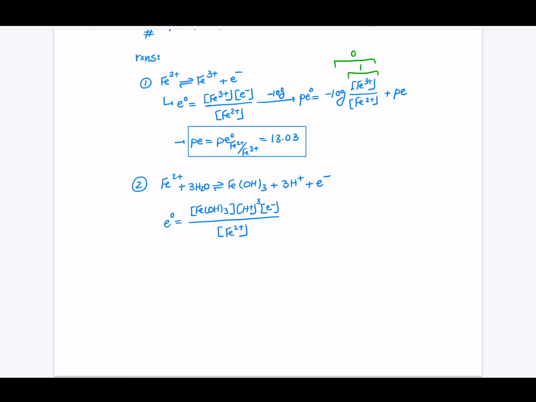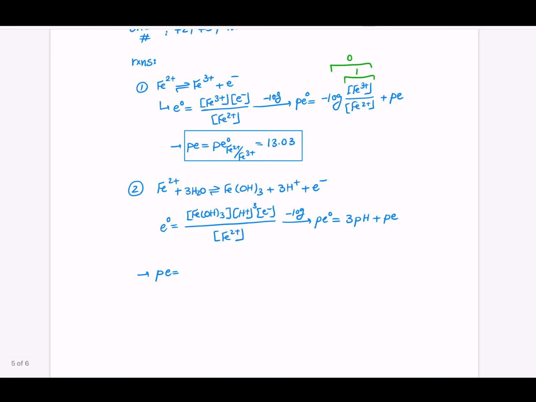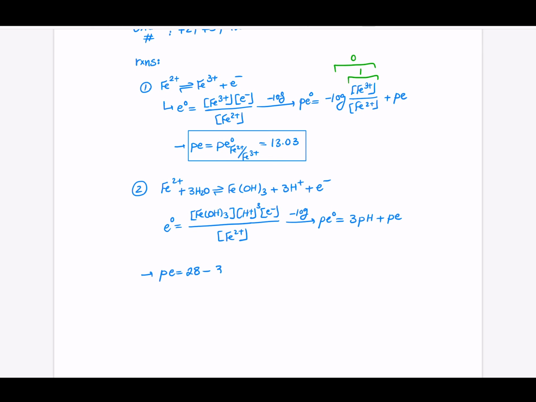I'm just simplifying it by not considering these two anymore, just because it would always be the same. That term goes away. So this would be pe0 is equal to 3 pH plus pe, or pe would be pe0, in this case 28, minus 3 pH. So that's the second line.